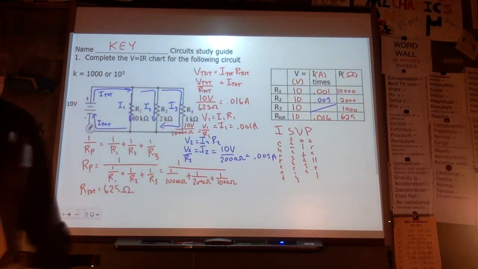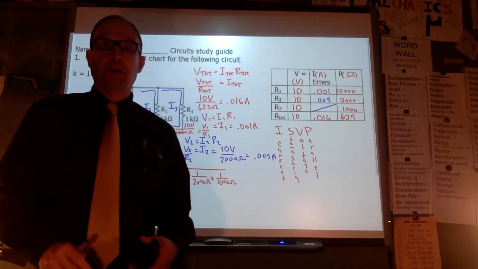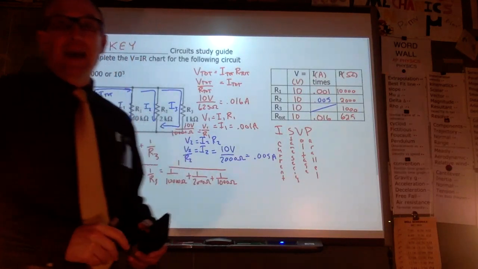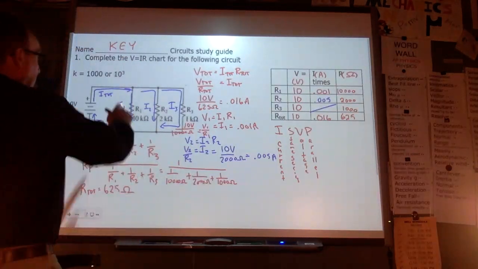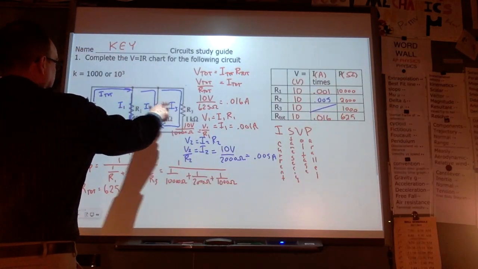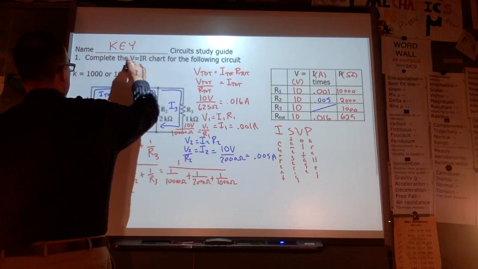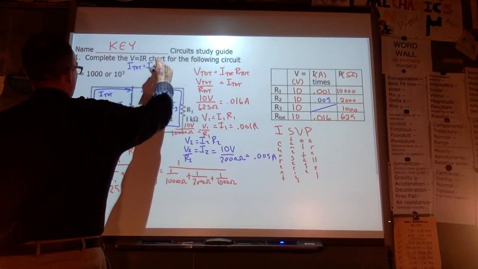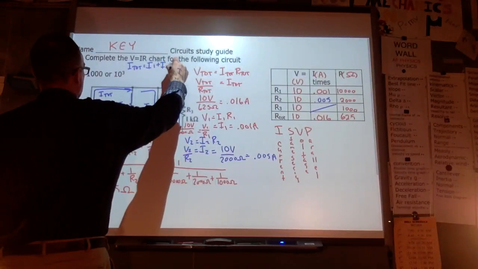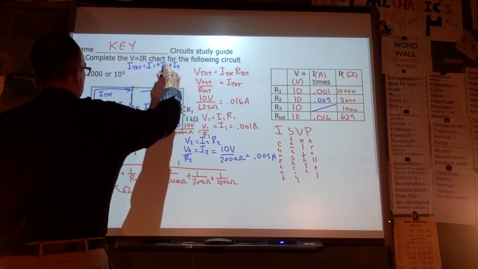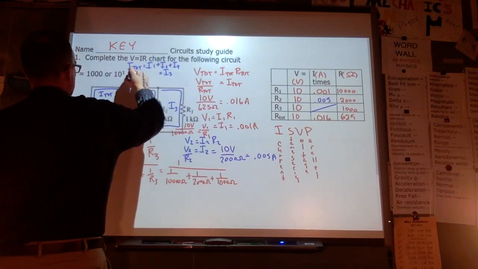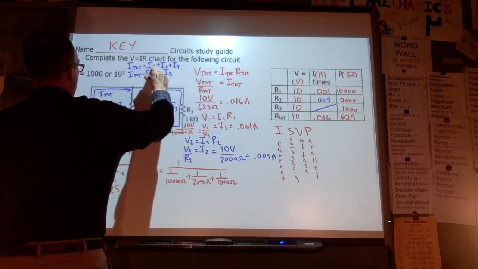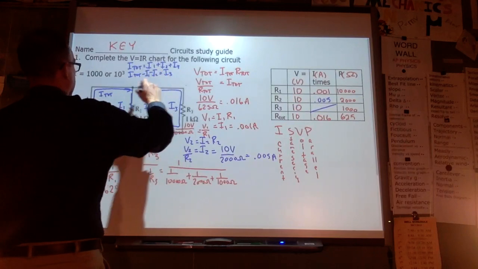I have to account for all of this charge. So the charge has to be conserved. So that means that this current plus that current equals the total. So I3 would be equal to I total minus I1 minus I2.